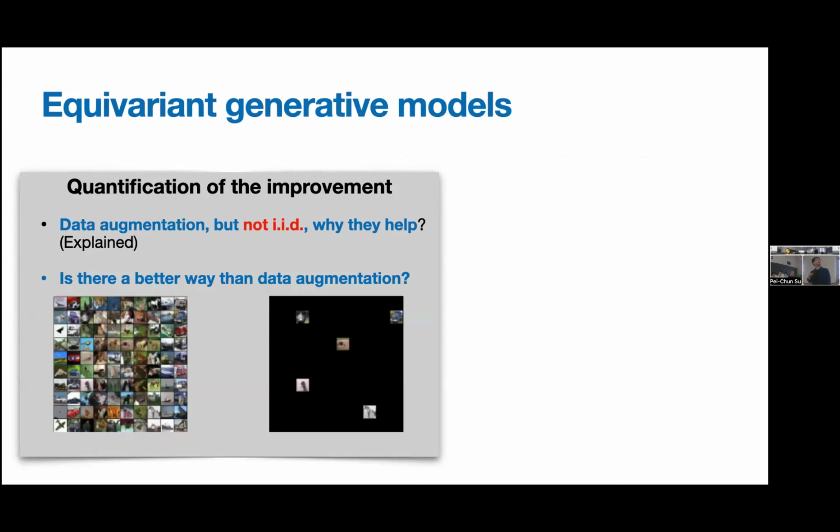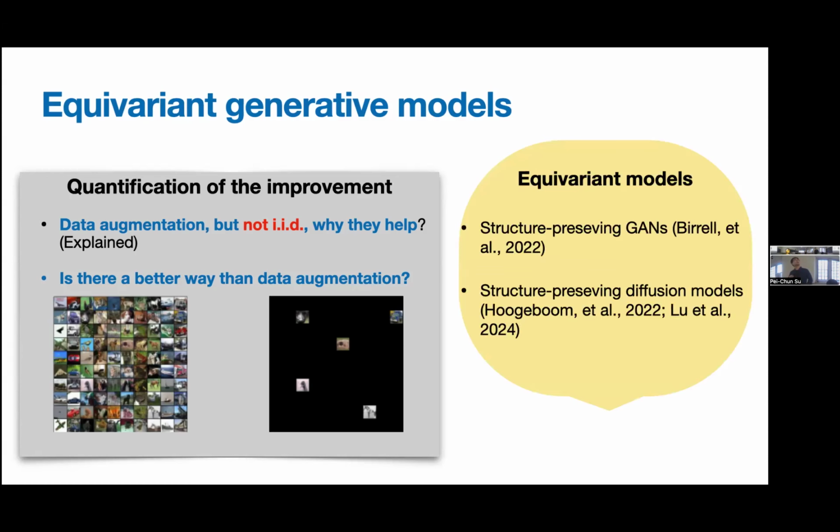Another question is, in particular for generative models, is there a better way than simply doing data augmentation? Because data augmentation is really something you only manipulate on the training data. Another way is to incorporate the knowledge of symmetry into the models, for example, into the neural networks. There are some equivariant models, for example, structure-preserving GANs or structure-preserving diffusion models.